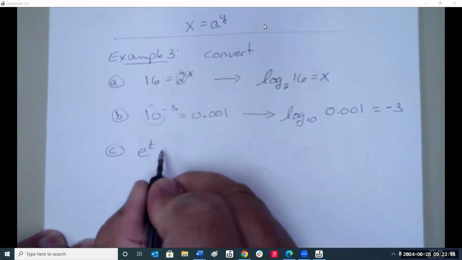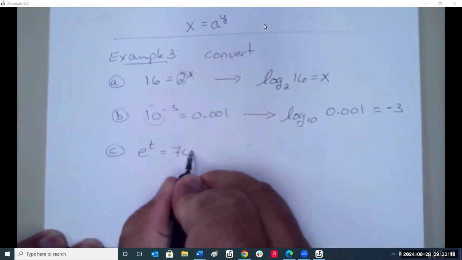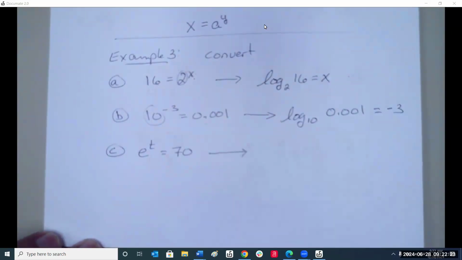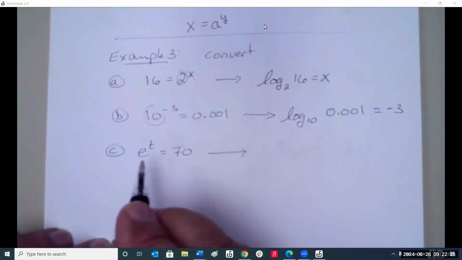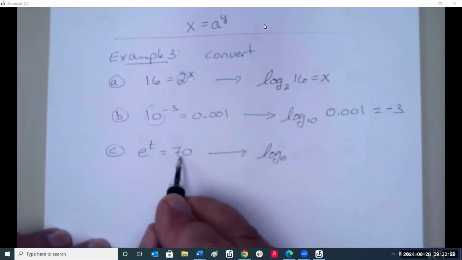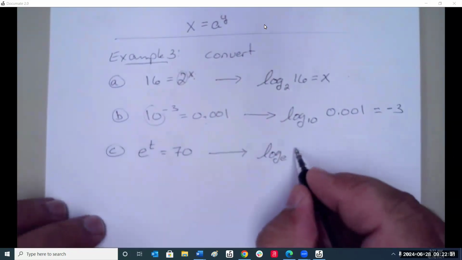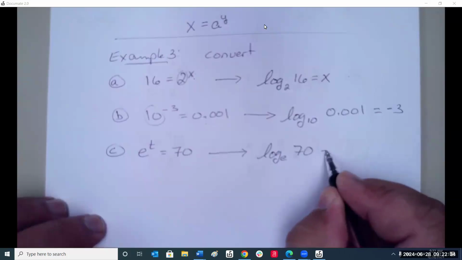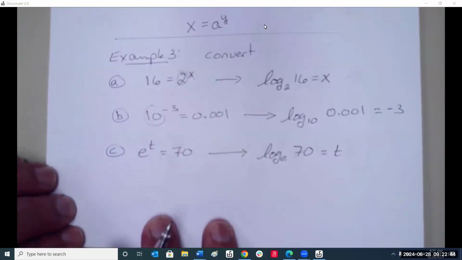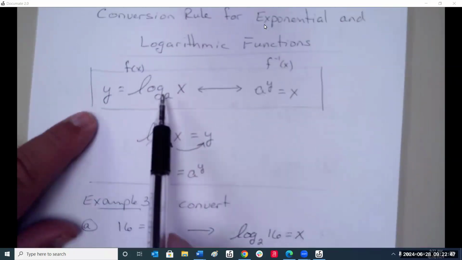E to the power t is equal to 70. So it's log base e, switch those, of 70 equals t. It follows from here.